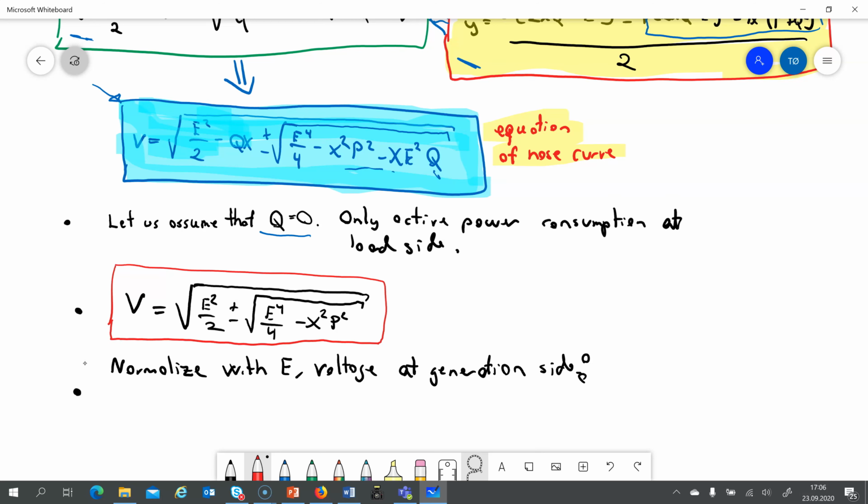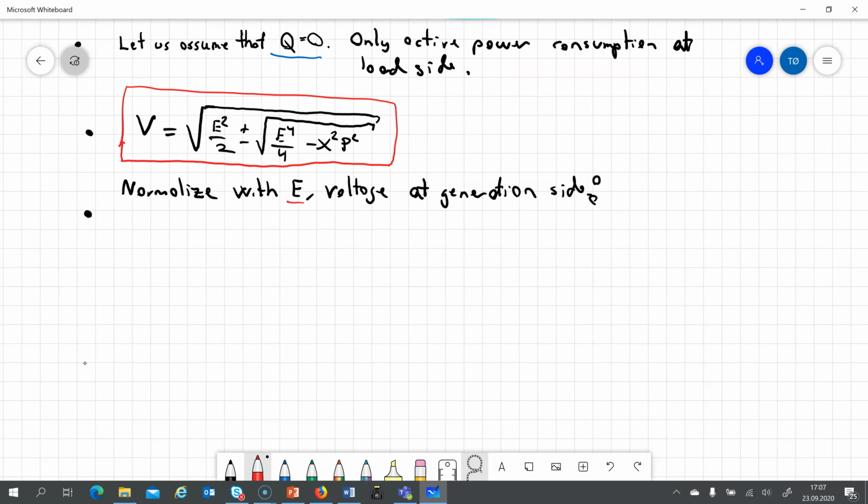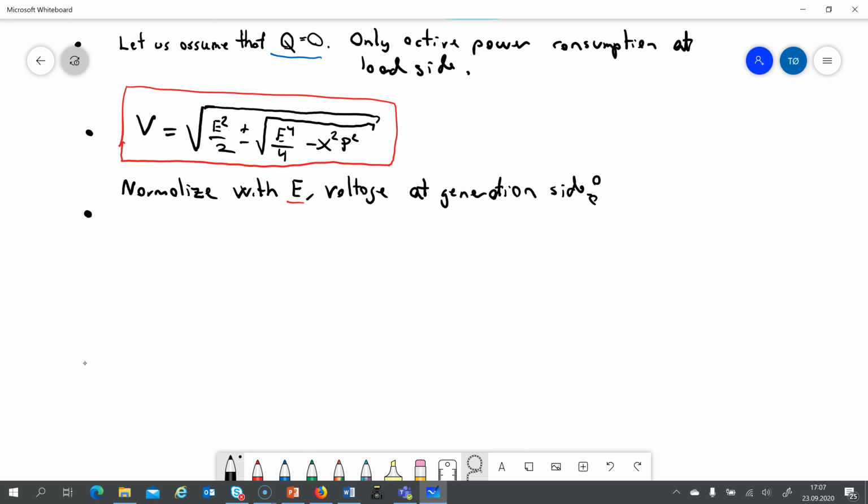Then often we do a normalization with the E, the voltage at the generation side, because what is happening on the load side in such a system will always depend on what is happening on the generator side. So let's take it from there. We can then continue to do the normalization.